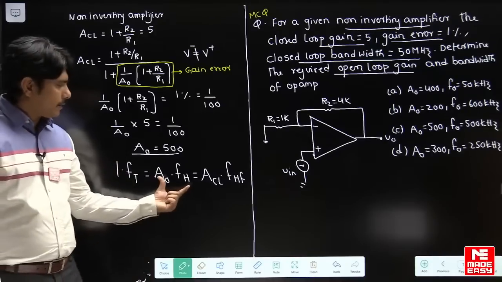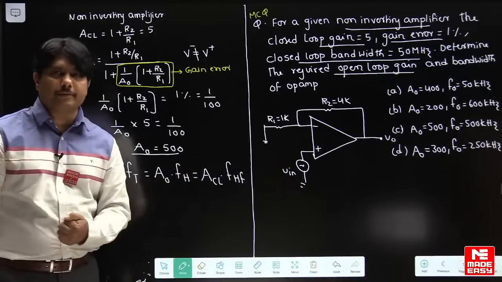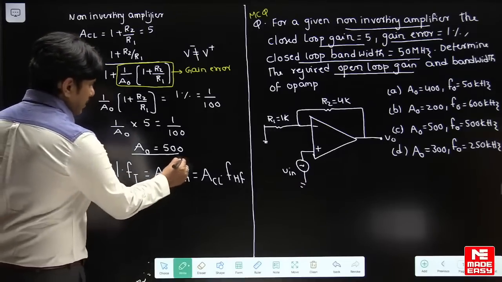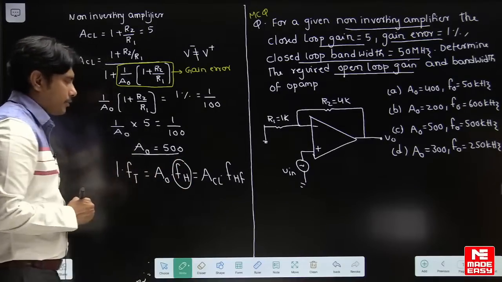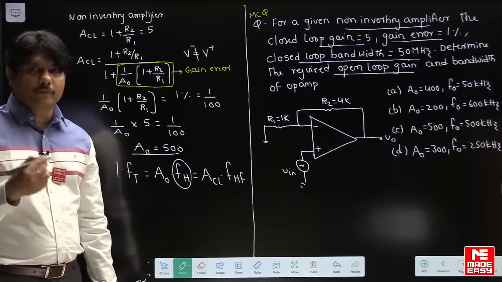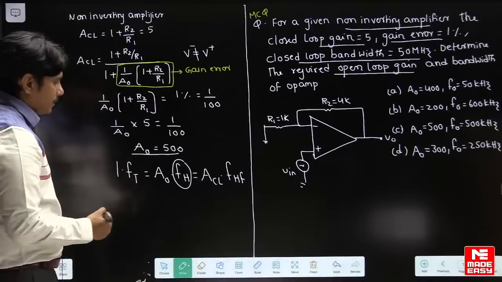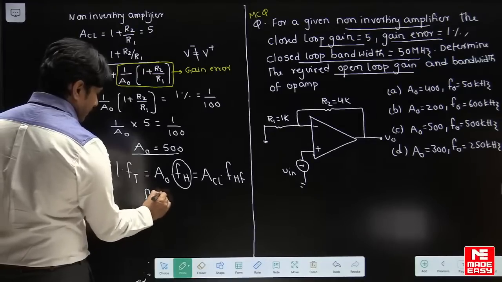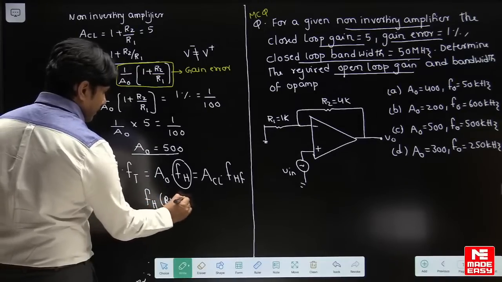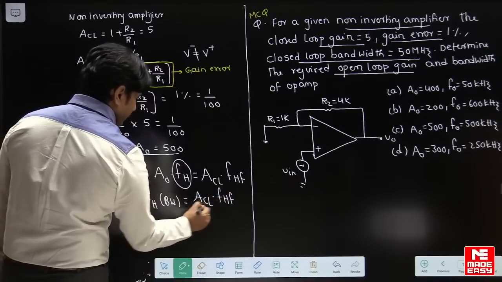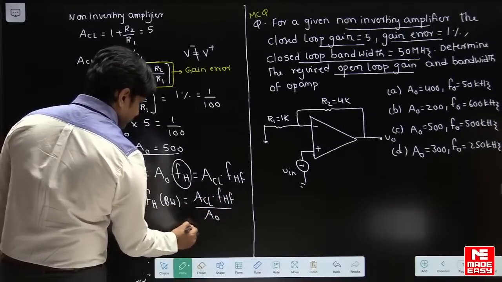Now with the help of this formula, I can solve the bandwidth for an open loop system. Fh is unknown in this question; we are considering it as the open loop bandwidth. A naught we know. So Fh will be equal to ACL into the closed loop bandwidth divided by A naught.